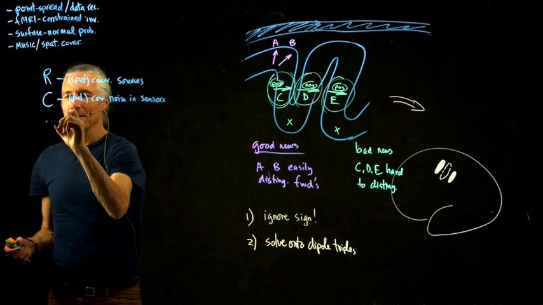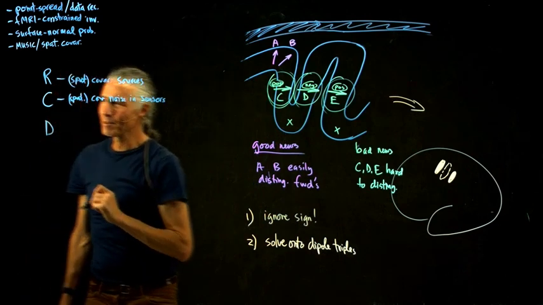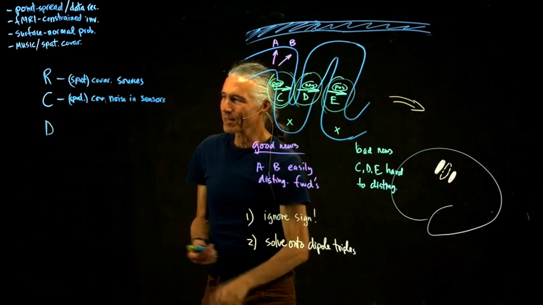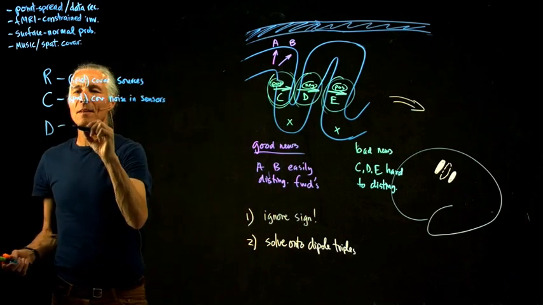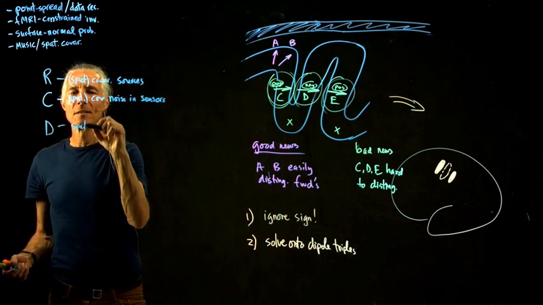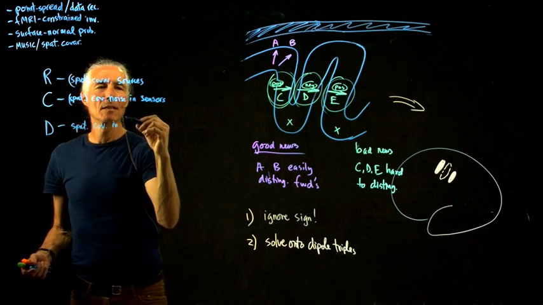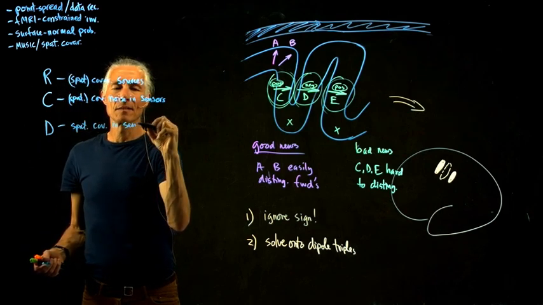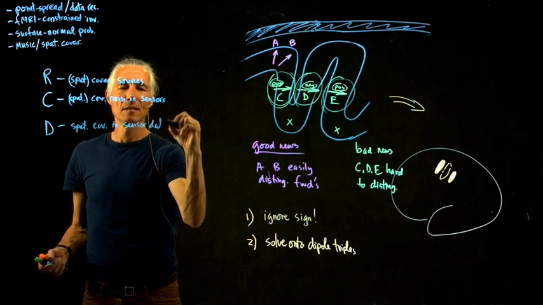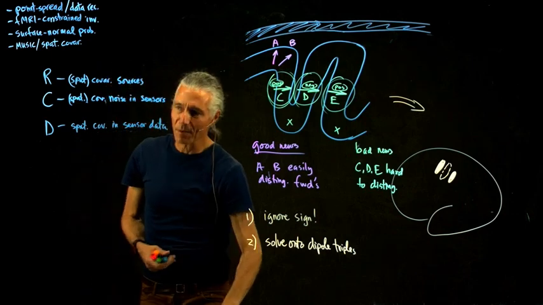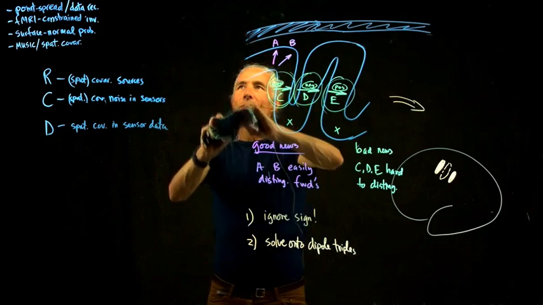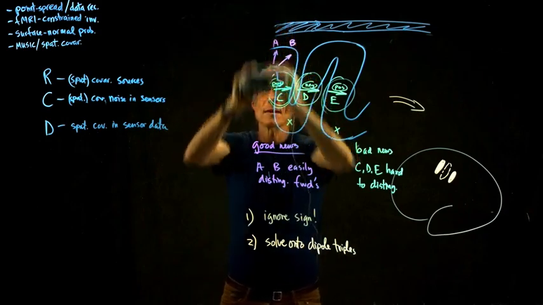So that's another letter. We always have to use single letters, and so this is the spatial covariance in sensor data. Because when we record data, we get a whole bunch of different spatial patterns that come out.